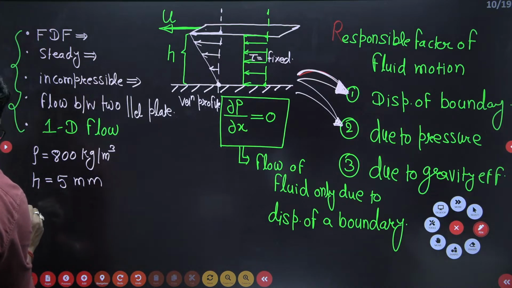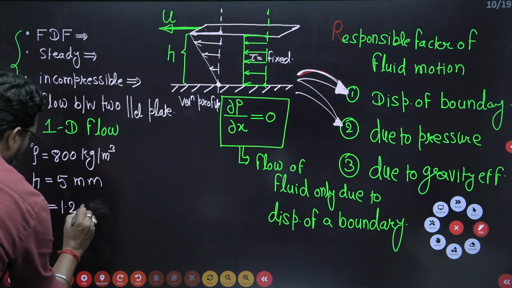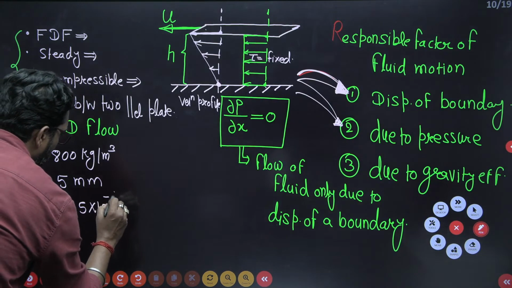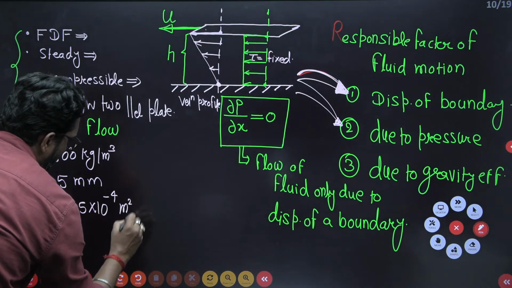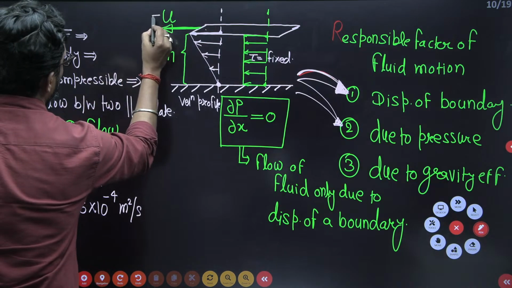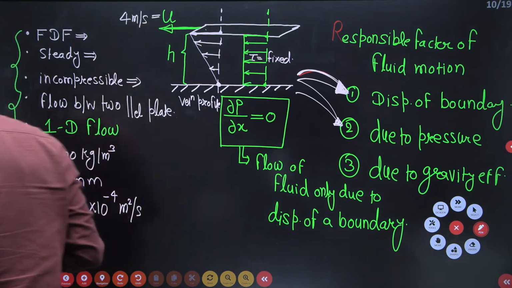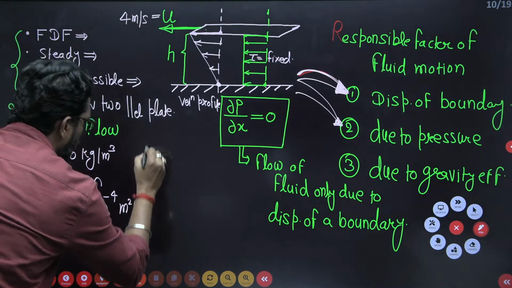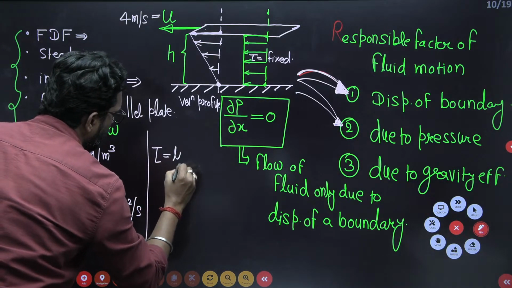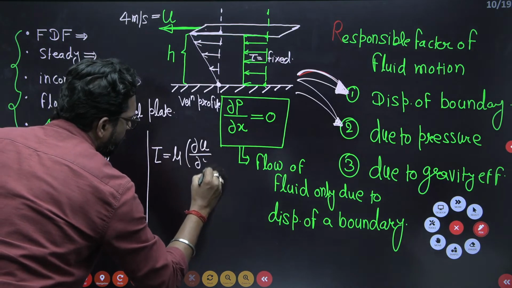Kinematic viscosity is given, beta, 1.25 cross 10 to the power minus 4 meter square per second. This velocity is given as 4 meter per second, and this is constant. So, my dear, according to Newton's law of viscosity, tau is equal to mu dou u over dou y.